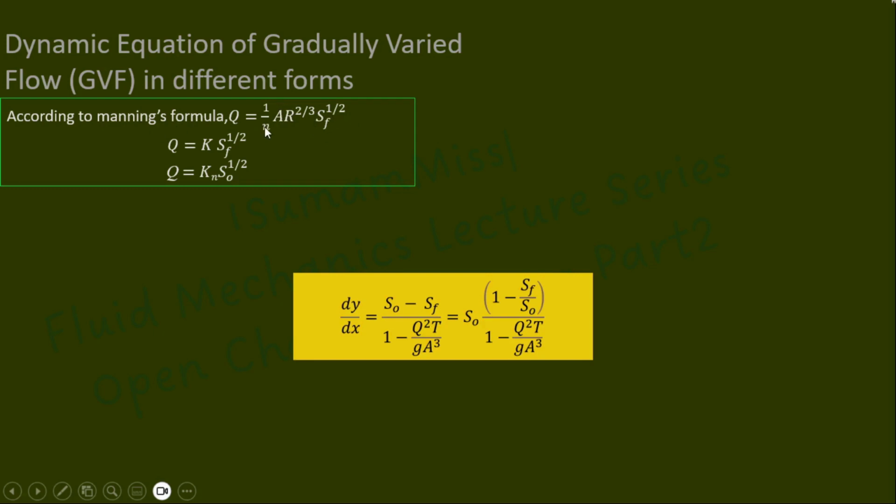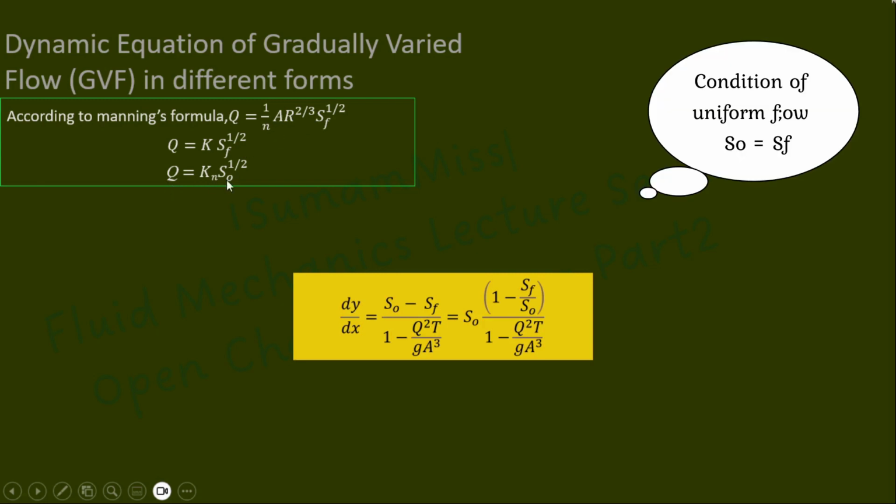Among these, (1/n) A R^(2/3) is called conveyance, indicated by K. So Q = K SF^(1/2). The same expression we can write as Q = Kn S0^(1/2), where Kn represents the conveyance in uniform flow condition and S0 is the bed slope.